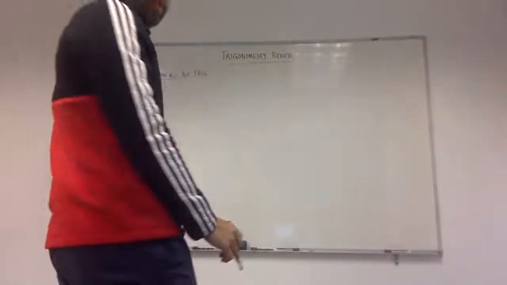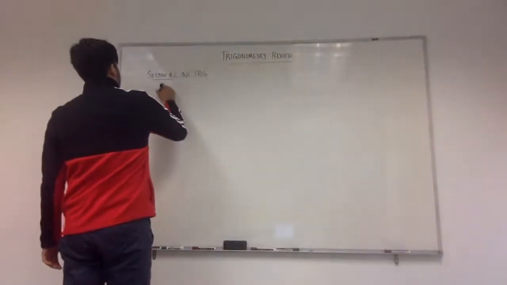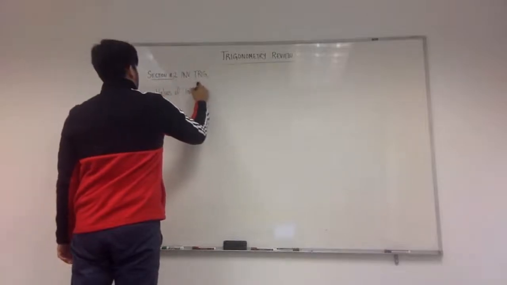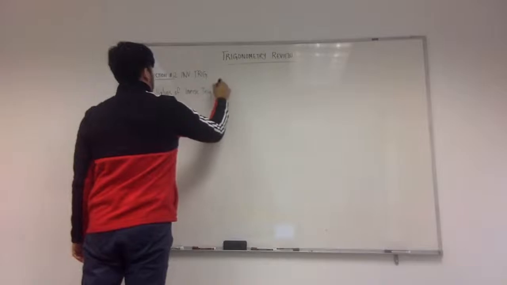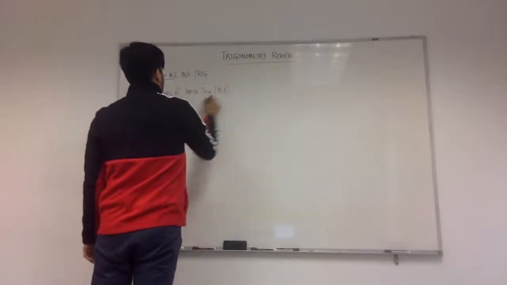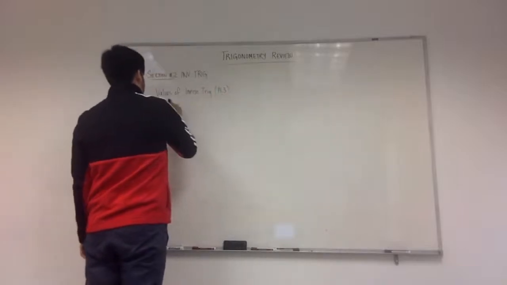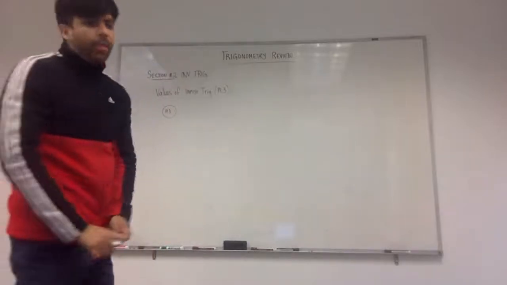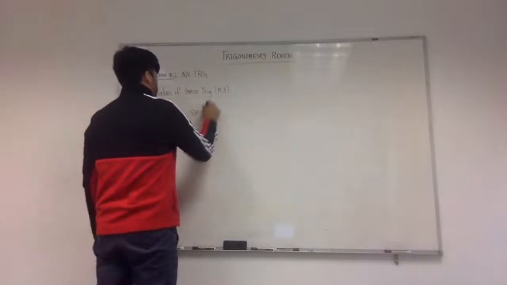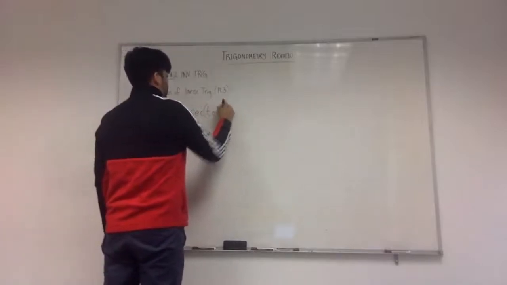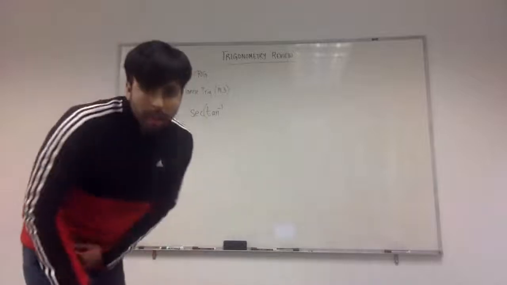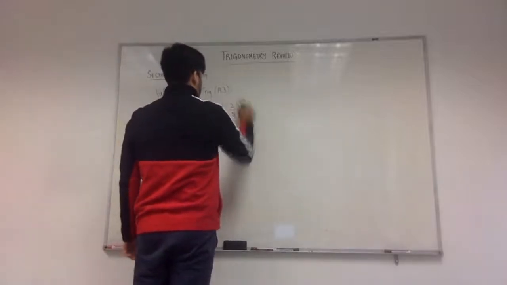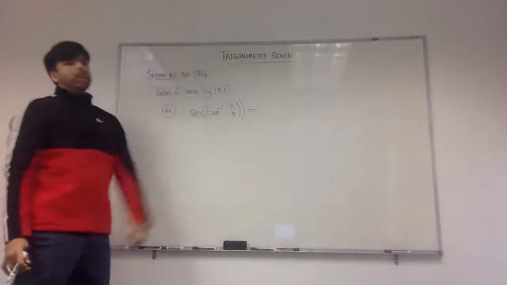So let's look at values of inverse trig, part 3. And let's get number 3. Number 3 says secant of the inverse tangent of 2/5. What is this equal to?